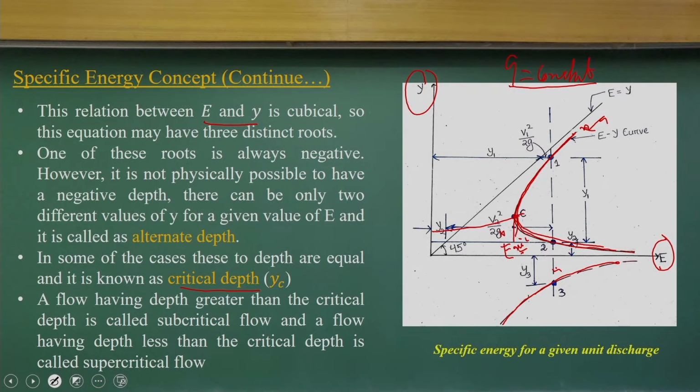So we divide the flow into two regions, subcritical and supercritical. The supercritical is this part, and this part will be the subcritical. If you look at these behaviors, what actually happens between the subcritical and supercritical?